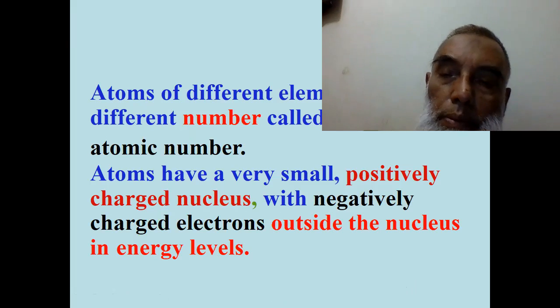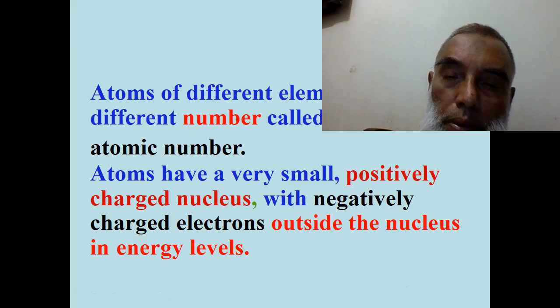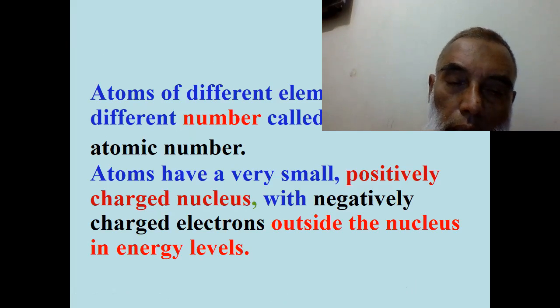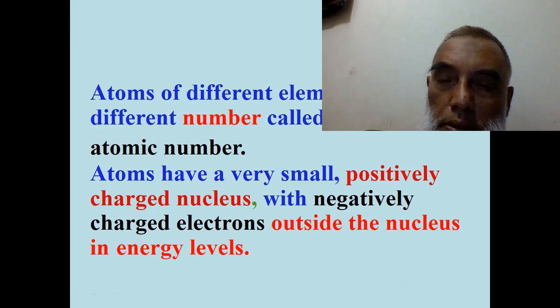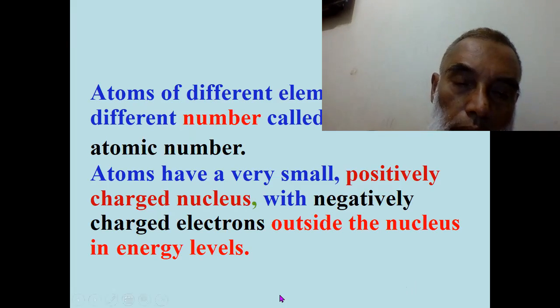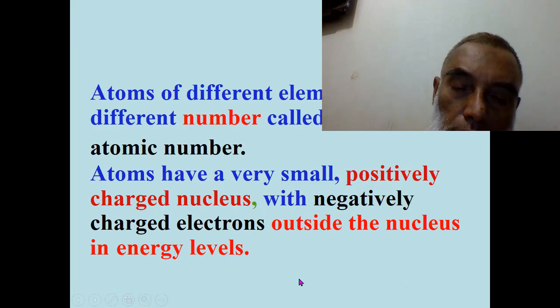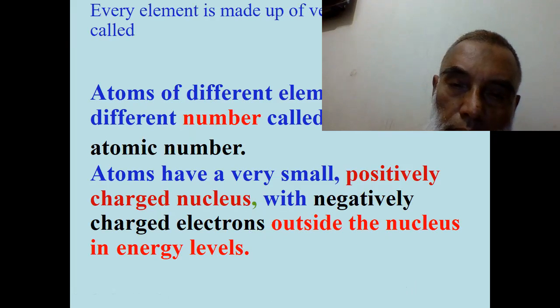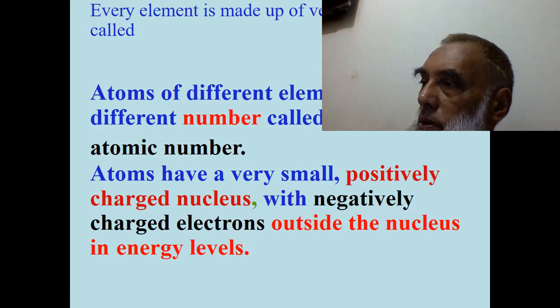Atoms of different elements have different numbers of protons, and this is known as the atomic number. Atomic number is the number of protons in the atom. Atoms have a very small positively charged nucleus with negatively charged electrons outside the nucleus in energy levels. The electrons live in different energy levels.